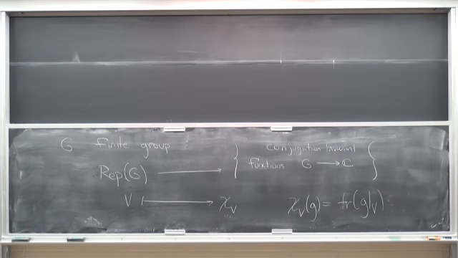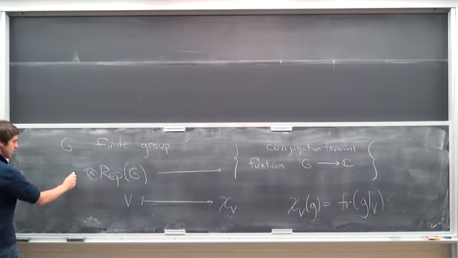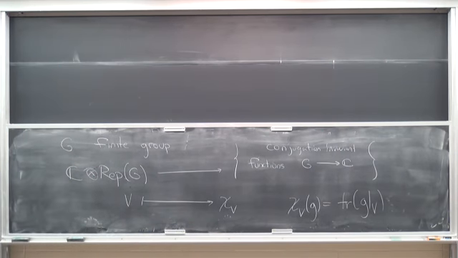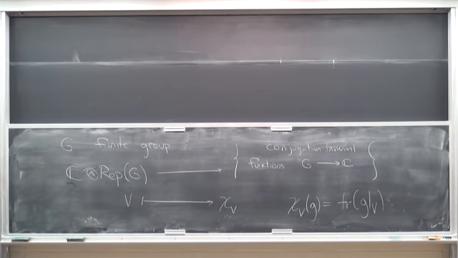And this map is close to being an isomorphism. It's an isomorphism if you tensor the left-hand side by the complex numbers. The representation ring of G tensored with C is just isomorphic to the ring of class functions, given by this construction of characters.